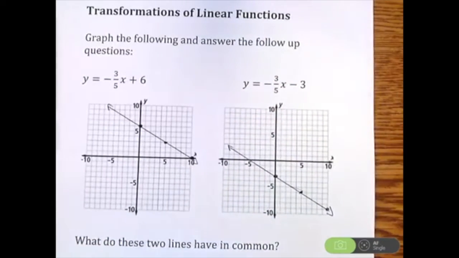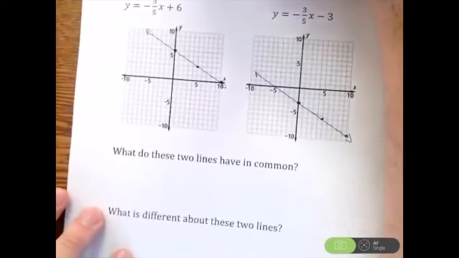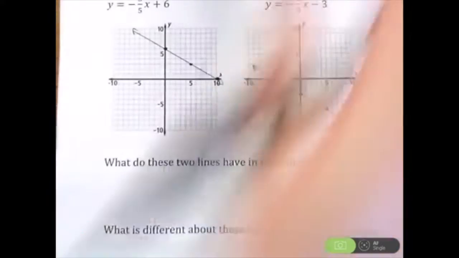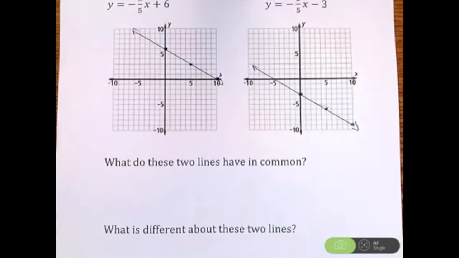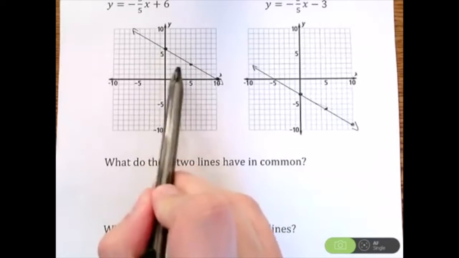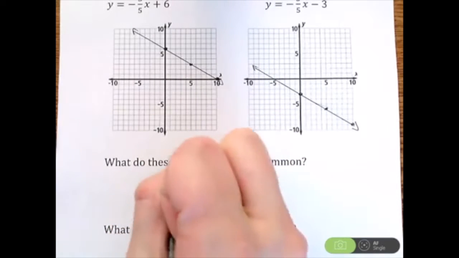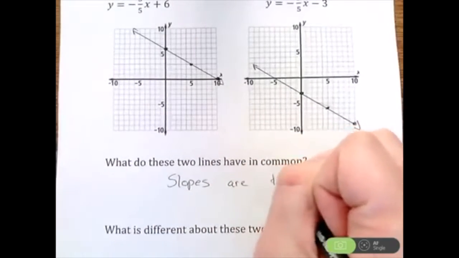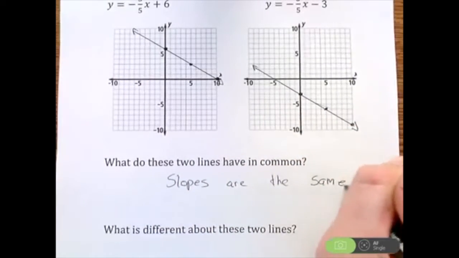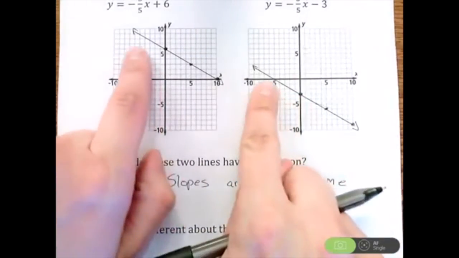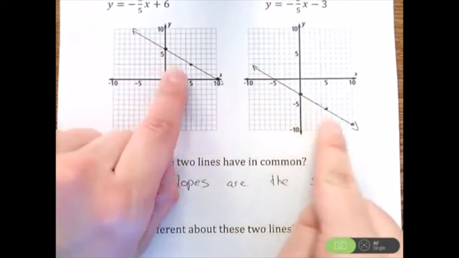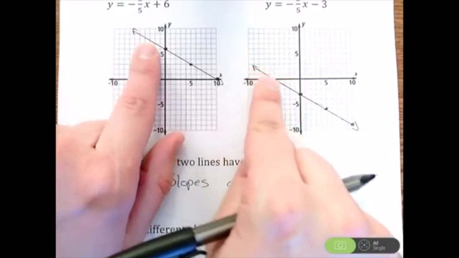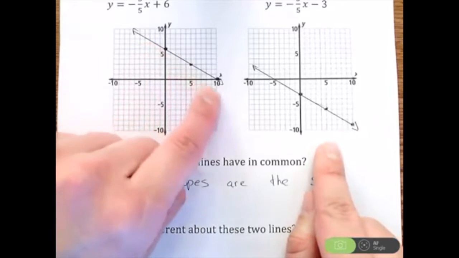Okay, so looking at those two graphs, we need to figure out what is similar, or what do they have in common. Now, when we went through that process, you should have noticed, hey, wasn't the slope the exact same? So the slopes are the same. One other thing I want you to notice is that graphically, these almost look like the same line. They're going down at the same rate.